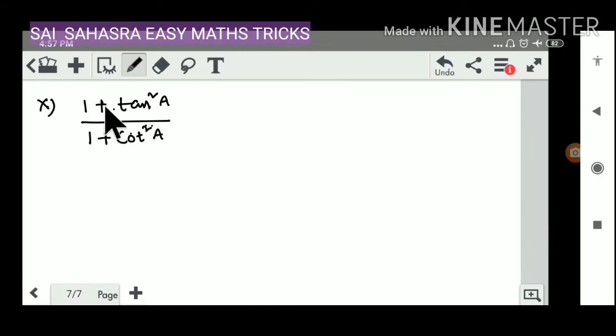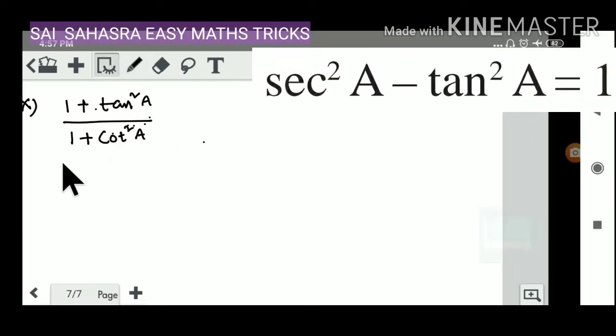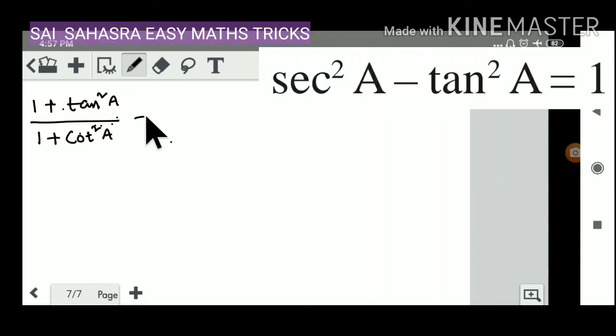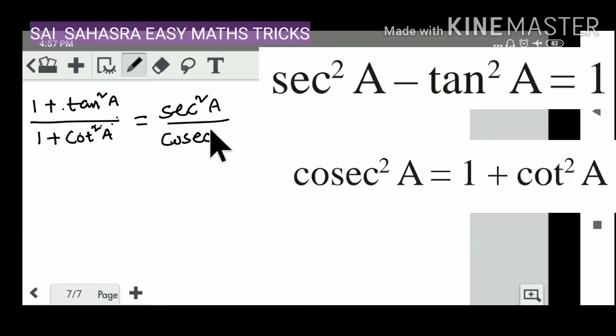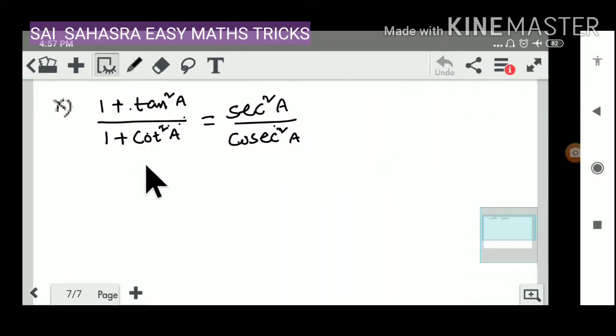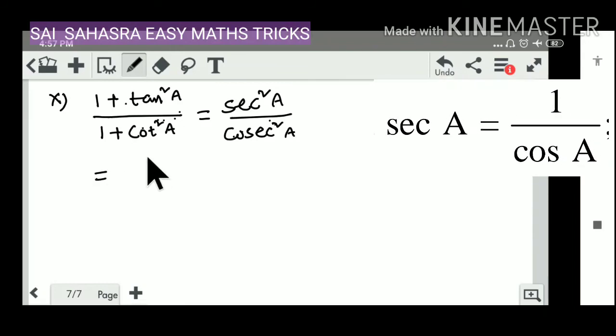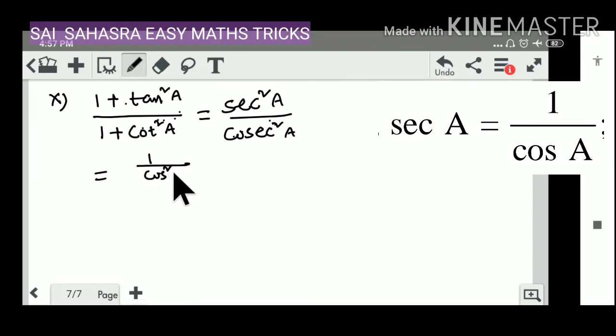From that we can write secant square A minus tan square A equal to 1, so 1 plus tan square A is equal to secant square A. Wherever 1 plus tan square A is there, we can write secant square A. Cosecant square A minus cot square A equal to 1, so 1 plus cot square A is equal to cosecant square A. Secant A can be written as 1 by cos A, so secant square A can be written as 1 by cos square A, overall divided by cosecant square A.